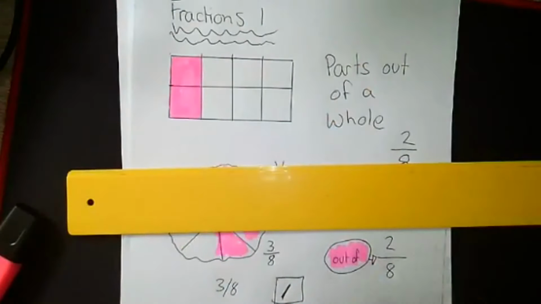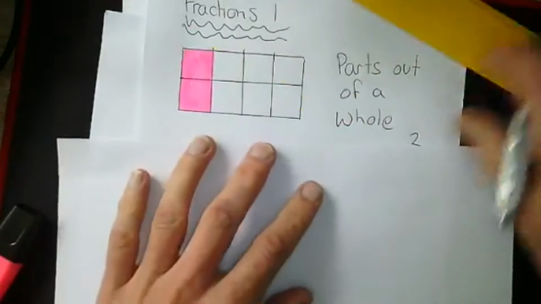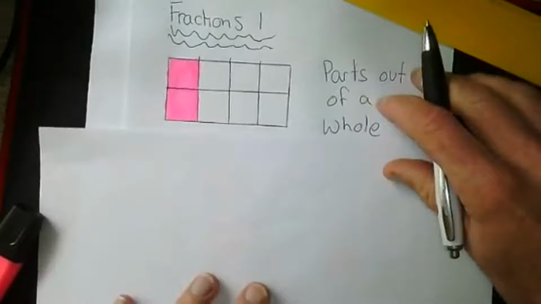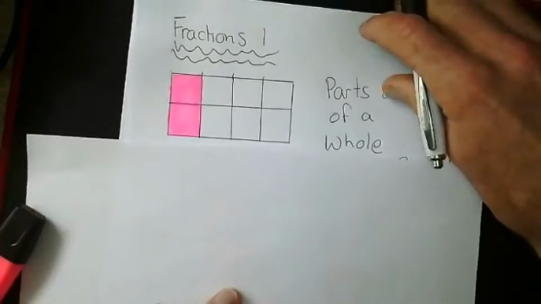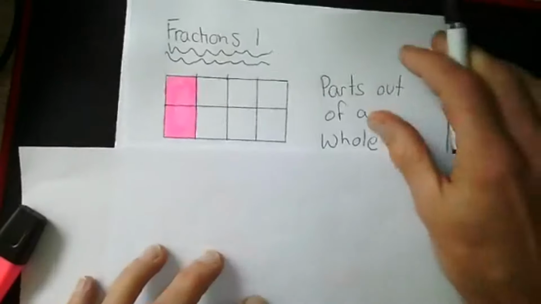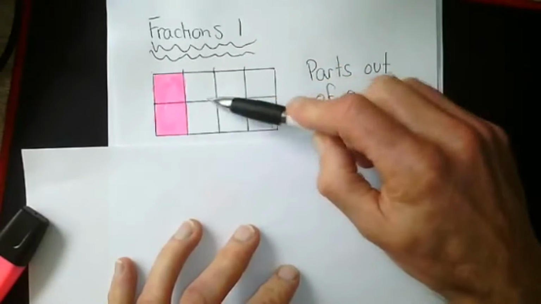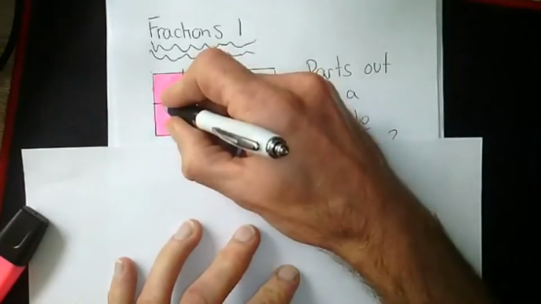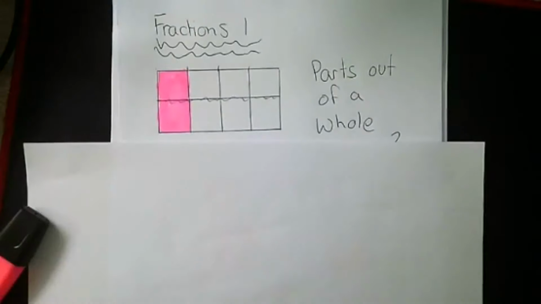I've got some paper to cover that up. I don't want you to be distracted by that. Right, go back to the beginning. So this time, I want you to imagine this middle line's gone. Ignore that middle line.